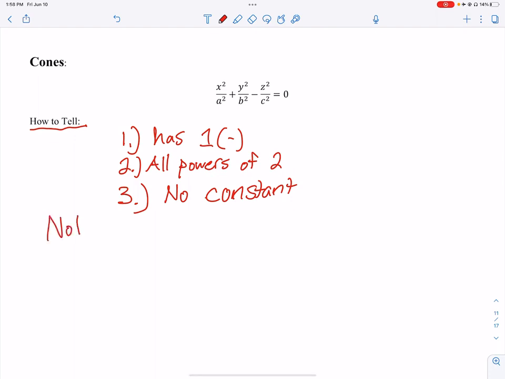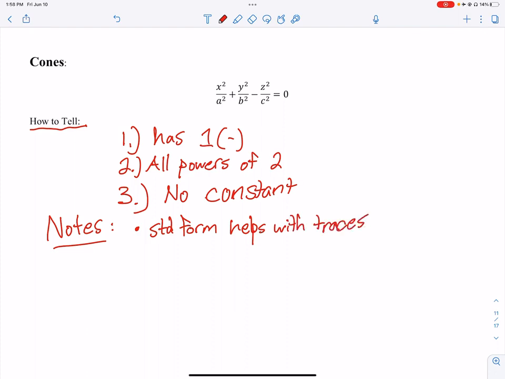Some notes: like the other surfaces, the first one, standard form, helps with traces, just like last time. My standard form is what is above.